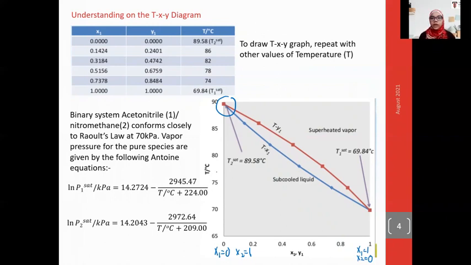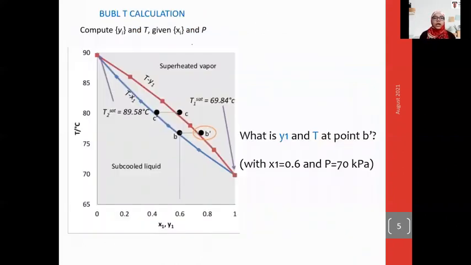Okay, these are the Antoine equations that we can use to determine the saturation pressure. If it involves the bubble T calculation, then we need to find the temperature, and bubble here means the liquid phase or liquid composition is given.